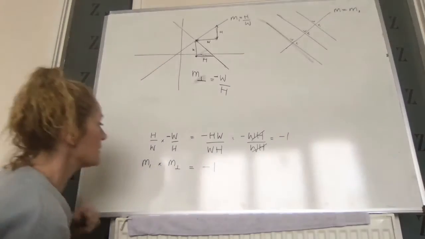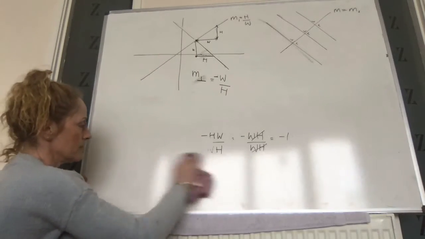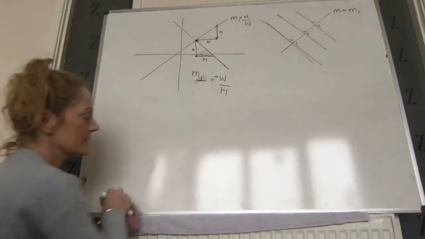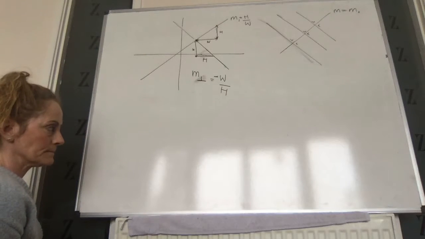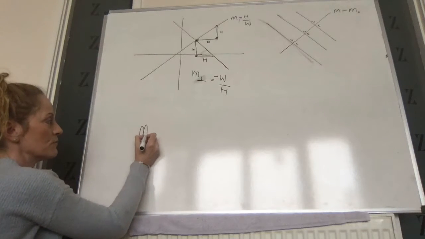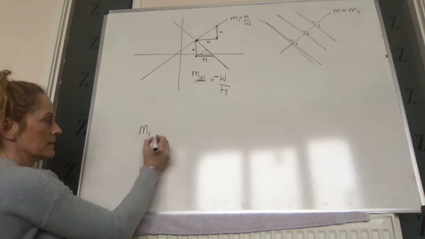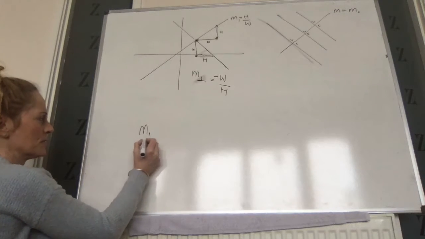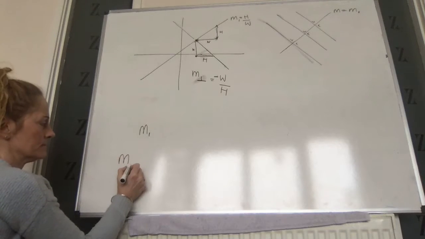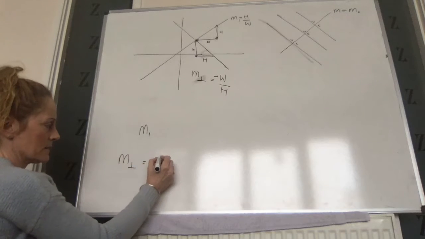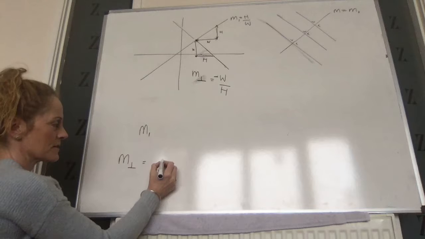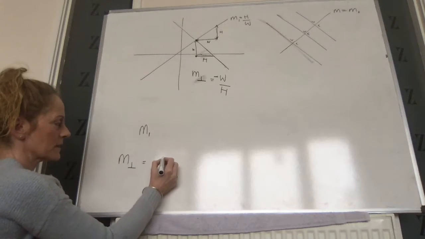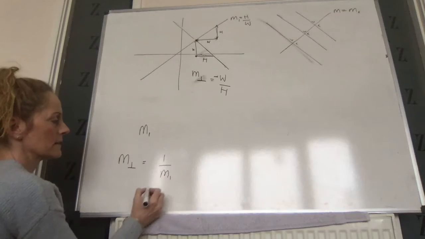Okay, so very quickly a summary on that one again. If you're told that two lines are perpendicular, then if you know the slope of one line, the slope of the other line, the slope of the line perpendicular, is the reciprocal of the first one, and to get the reciprocal, that means you do 1 over it.